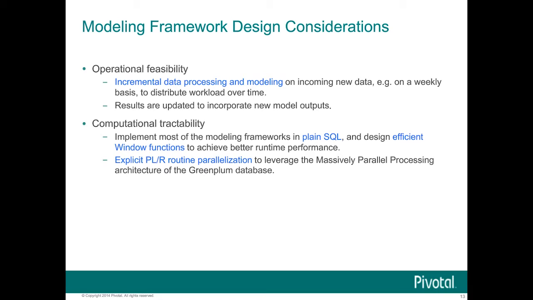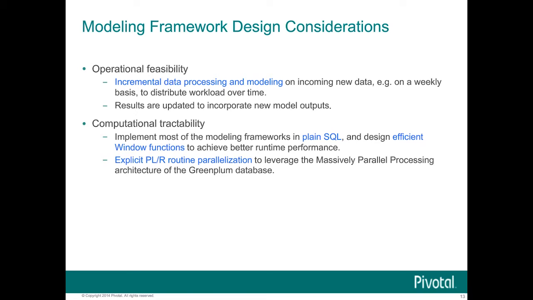And also, in order to account for computational tractability, all the algorithms for this model have been implemented using plain SQL and design-efficient window functions to achieve better runtime performance. We use Pivotal's massively parallel processing architecture, that is the Greenplum database, and also use the MADlib functions. MADlib is an in-database machine learning algorithm toolkit for Pivotal.